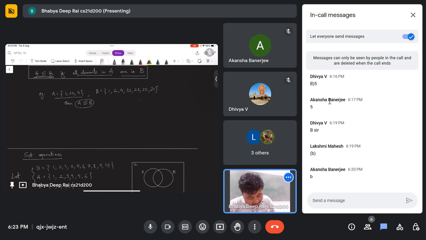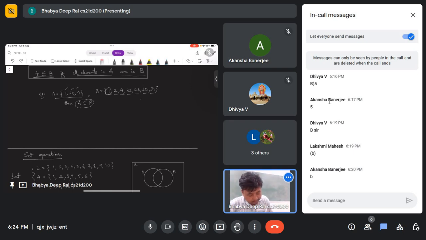Yes, because all the elements in A are contained in B. 1, 2, 4, 32, 23, 21, 20, 21 are the elements in B. 1 is contained in B. 20 is contained in B. 4 is also contained in B. So this is true.